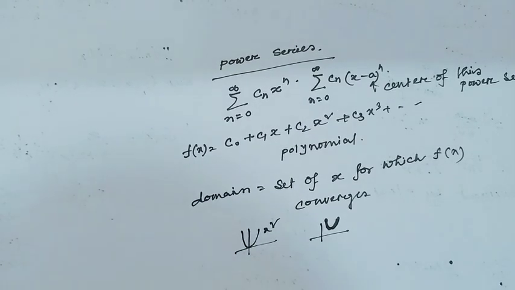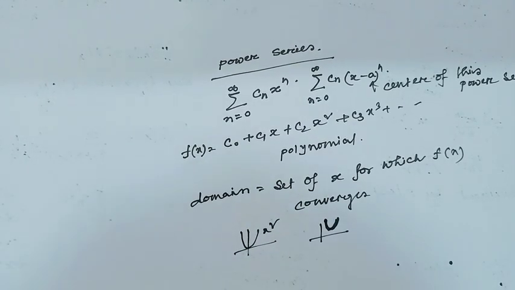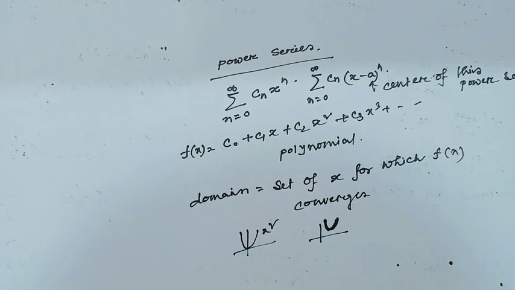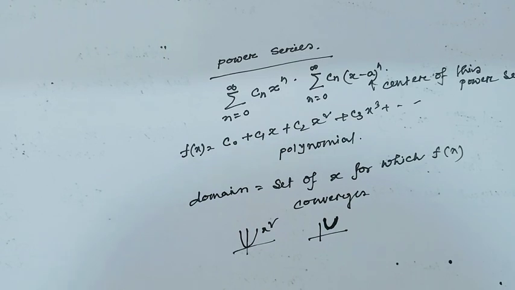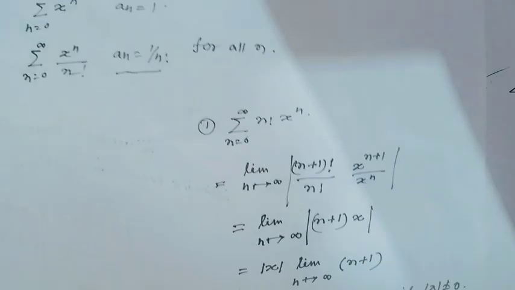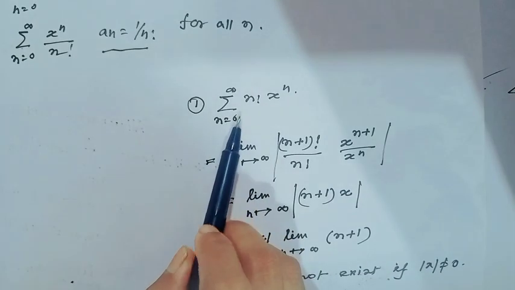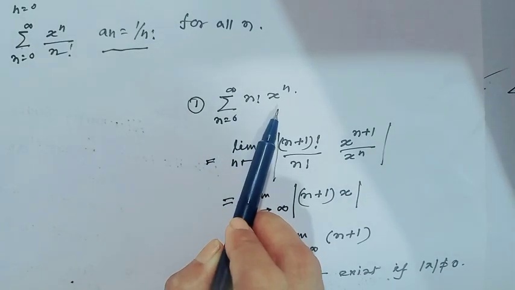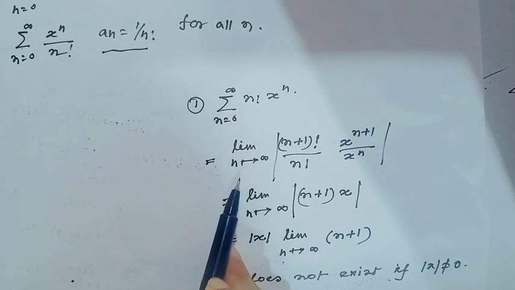Now my question: when would a power series converge or diverge? Sometimes we use the ratio test. Now I will see some examples. Our first example, the series sum from n equal to 0 to infinity of n factorial times x to the power n.